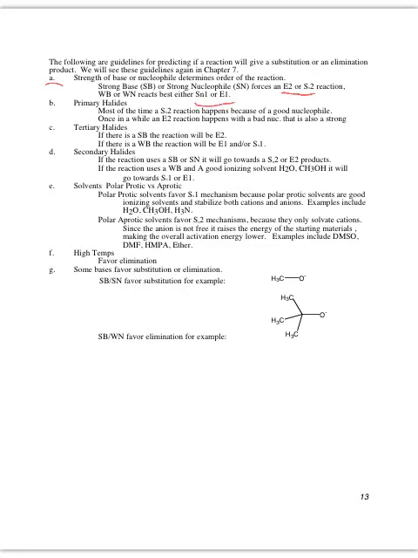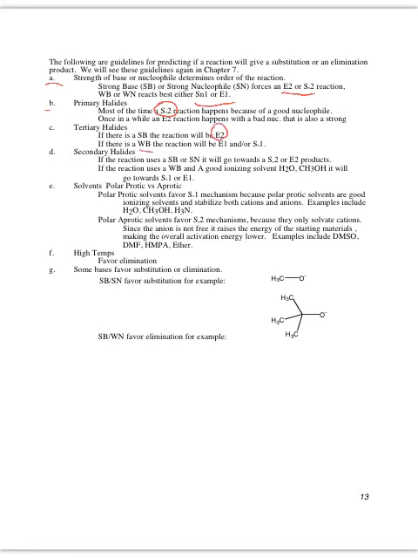Okay. Then the second one, primary halides are primarily going to be SN2 reactions, unless you have a strong base that is a very bad nucleophile. And then the tertiary halides, if you have a strong base, they're E2.